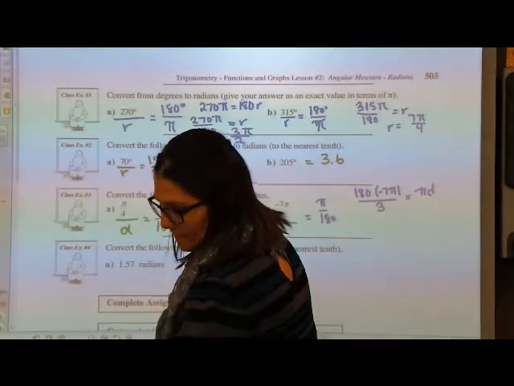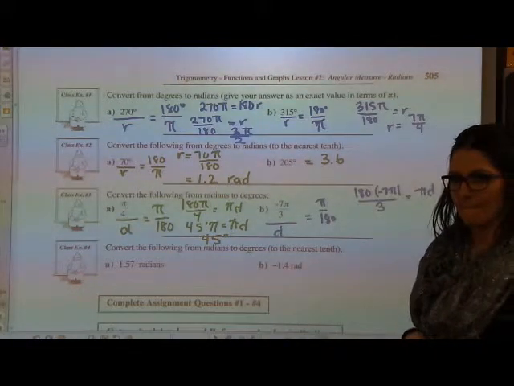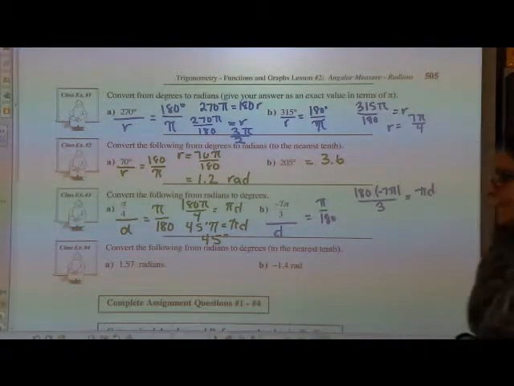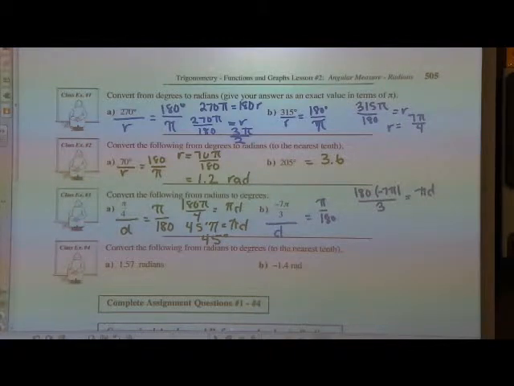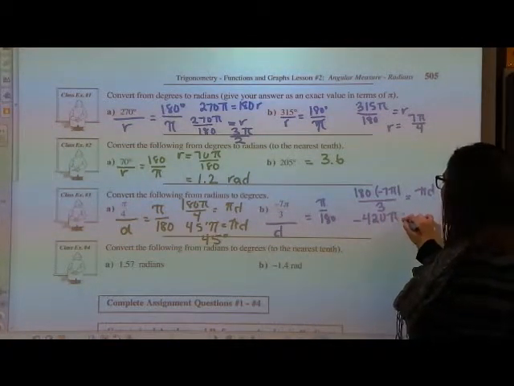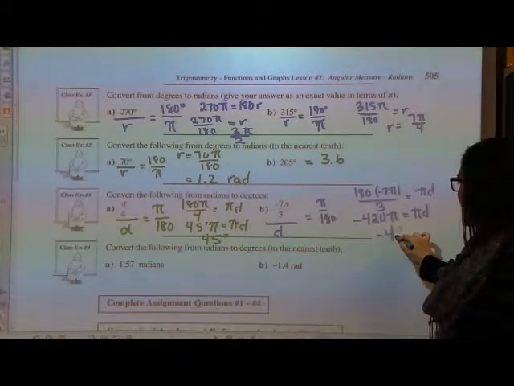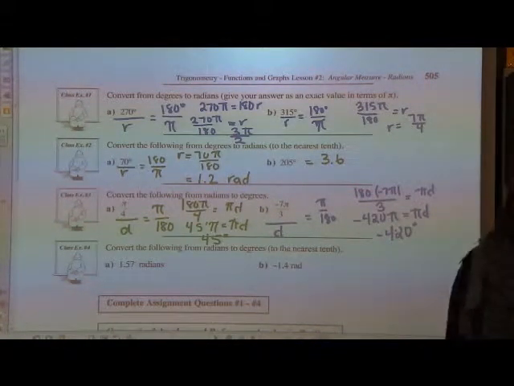What would that equal? Negative 420. So I get negative 420 times pi equals pi times d. The pi's cancel, and I get negative 420 degrees.